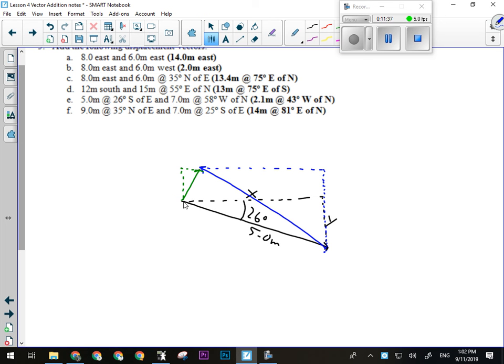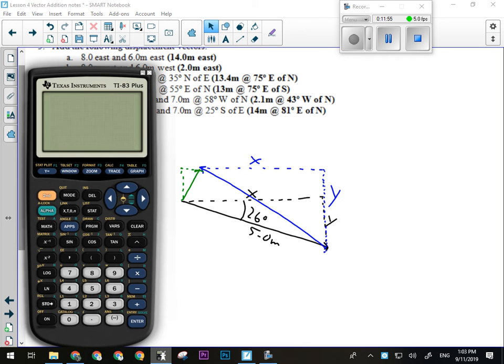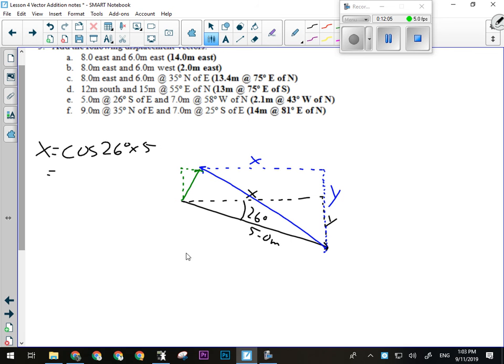Okay, so the first thing I'm going to do is find all the x's and all the y's. I'm going to find black x first. Black x is the adjacent side, so that'll be the cos of 26 degrees times 5 meters. So that's 4.494 meters east.